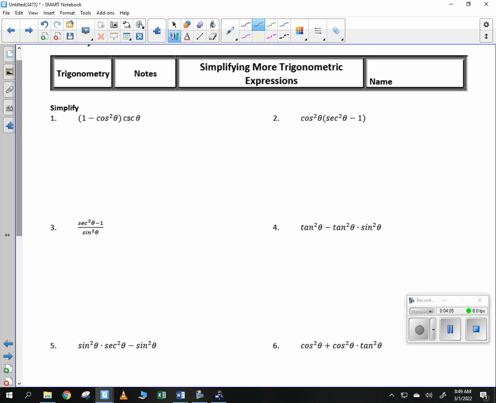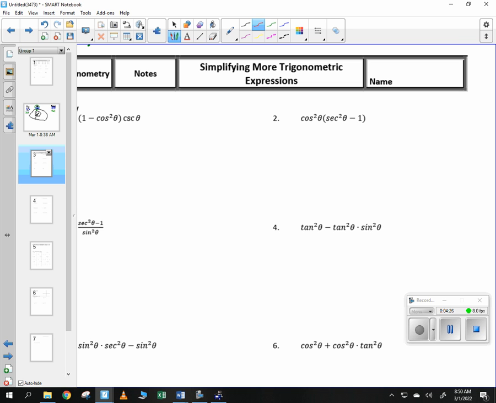In order to simplify this, we're not going to entirely rewrite it in terms of sine and cosine as we start. What we're going to do is substitute something in. From what we just wrote, do people remember what 1 minus cosine squared is?